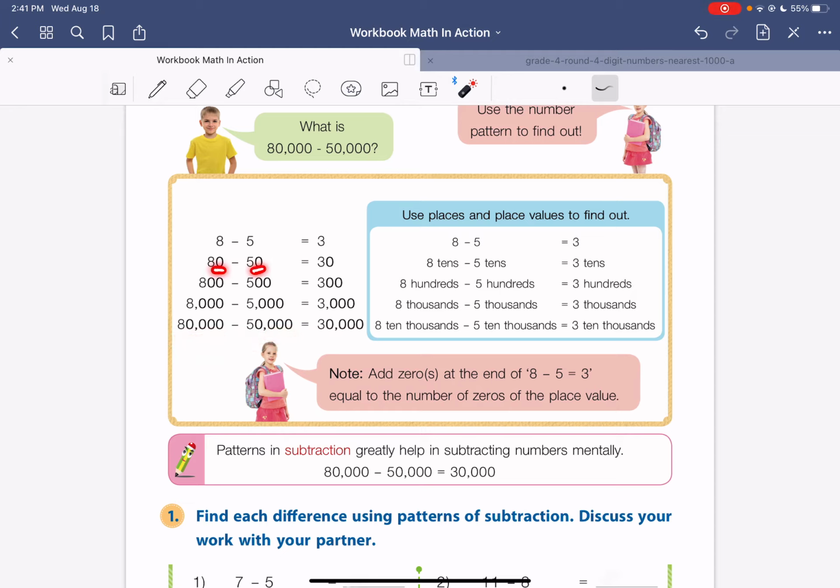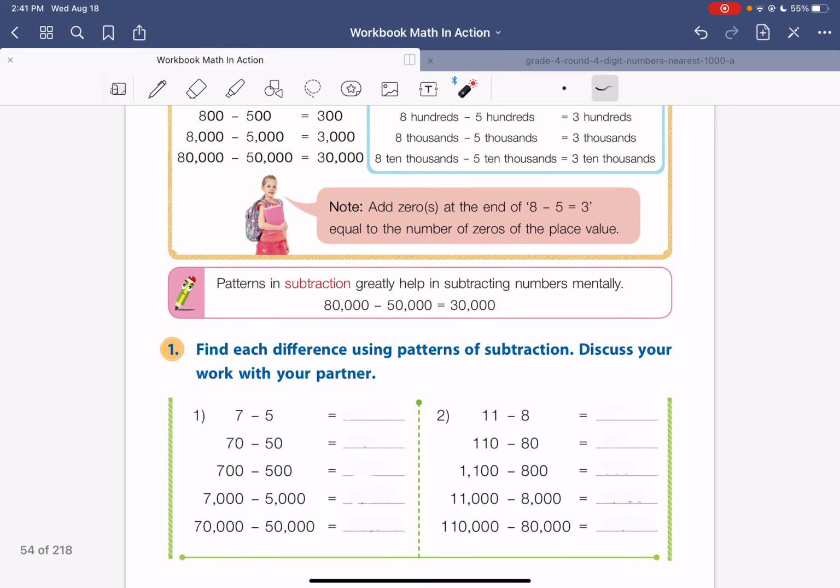We have 1 zero here, so we're going to have 1 zero there. 2 zeros, 2 zeros. 3 zeros, 3 zeros. 4 zeros, 4 zeros. So we must have the same amount of zeros.